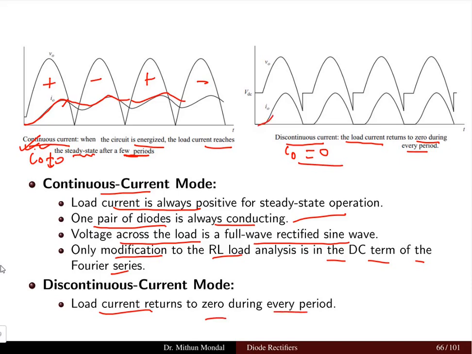If you observe the waveform, the current returns to zero, then it charges, and again discharges and reaches zero. There will be a sudden dip in V0 and extinction of the input. When the current becomes zero, that is beta, which we discussed in the half-wave rectifier also. So the current becomes zero in discontinuous current mode.